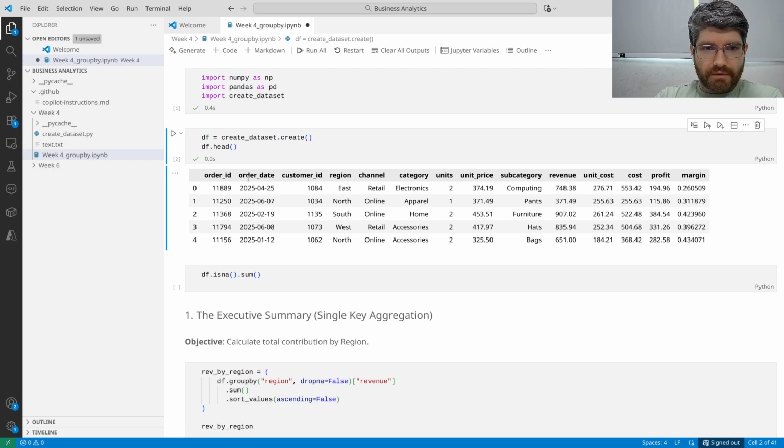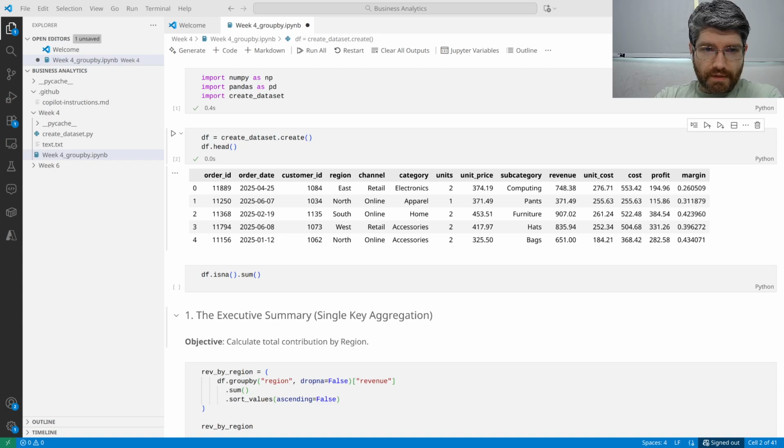We have several groupings available on region, on channel, and on category, and these are the three columns that we are going to use for further grouping. We are going to address the single most dangerous error in business analytics, the grain mismatch.